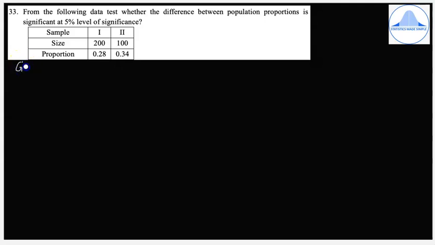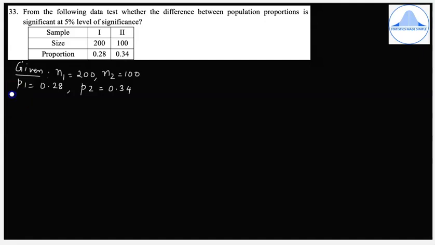So let me list down the given information. N1 is equal to 200, N2 is equal to 100, P1, the sample proportion, is 0.28 and P2 is 0.34.